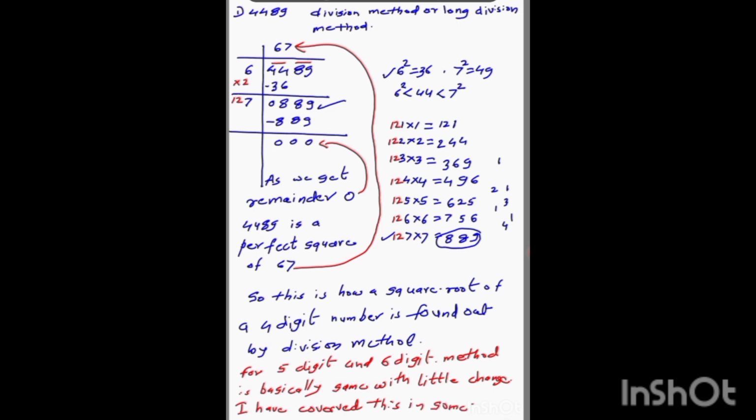We will see one more example. Here we are trying to solve one more problem, taking one more 4-digit number, 5776, and trying to find its square root by the long division method, also called the successive division method.